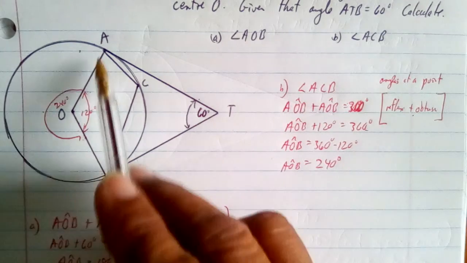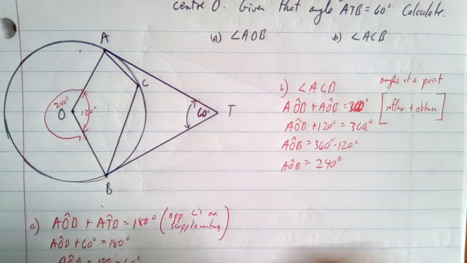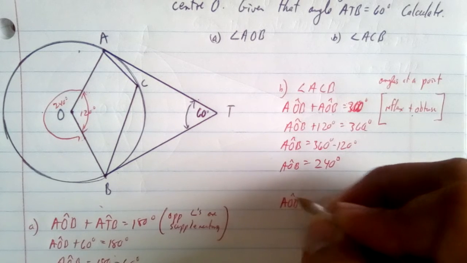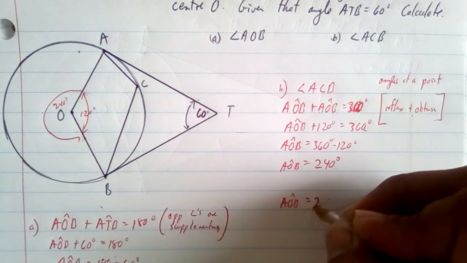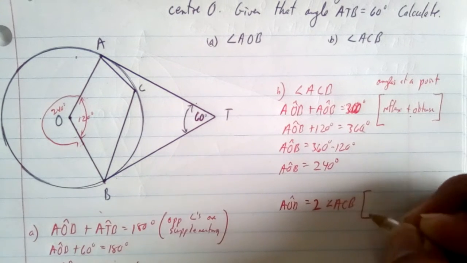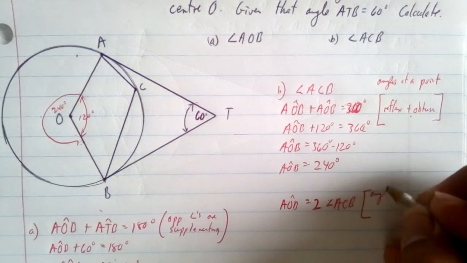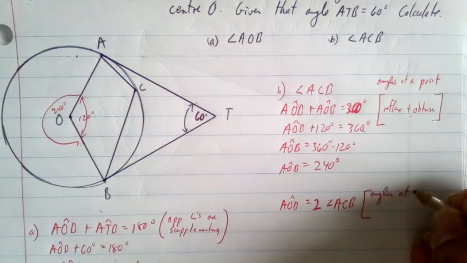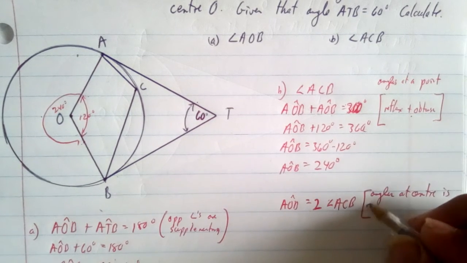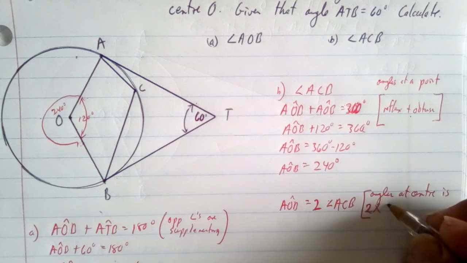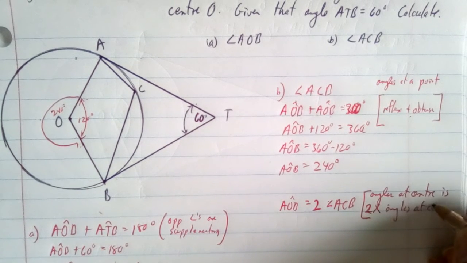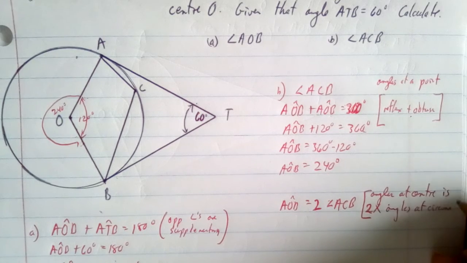We want ACB. Now we can say that angle AOB equals 2 times the size of the angle ACB, which is the rule that says angle at center is 2 times angle at circumference.